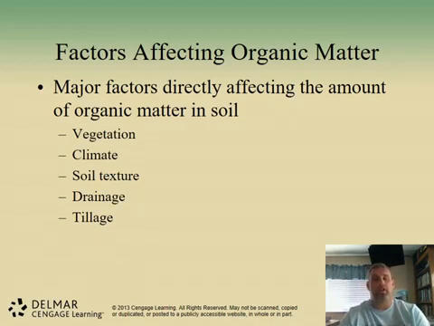There are a few factors that affect the amount of organic material that are in the soil, and these have to do with how that soil has been utilized in the past. The number one factor is going to be vegetation, and so this is going to be what plants were grown in that soil previous to current.